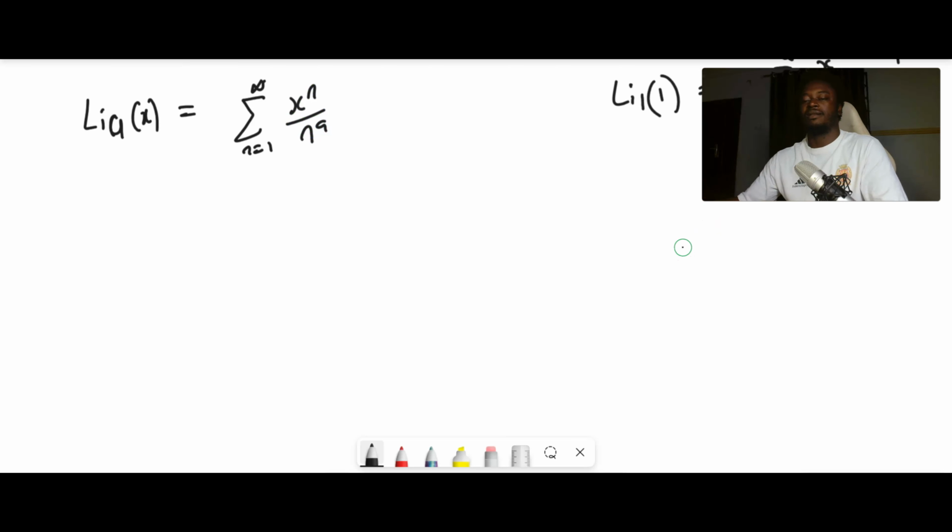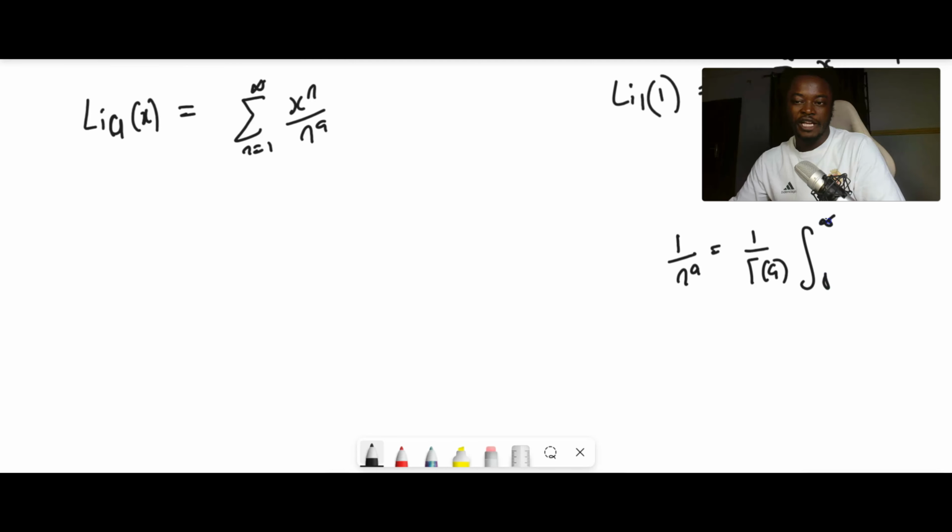Now observe that in the theory of definite integrals, for the gamma function, we have the integral representation: 1 over n to the a is equal to 1 over gamma of a times the integral from 0 to infinity of t to the a minus 1 e to the negative nt dt. So this is the integral representation of the gamma function.